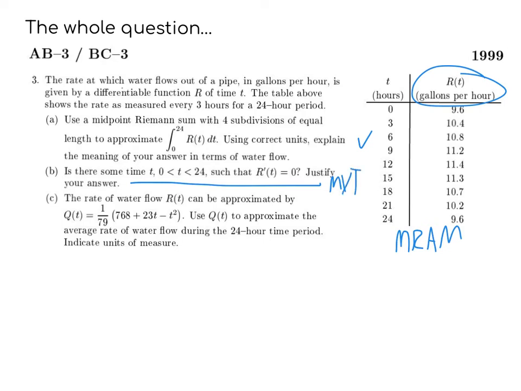And to do that, we had to talk about this thing being differentiable in order to get that credit. And then finally, we were given another rate function and used that to find average value. The trick here was average value was asked for by asking for the average rate. And we often associate average rate with just average rate of change, but in dealing with that, we have to be a little bit careful.